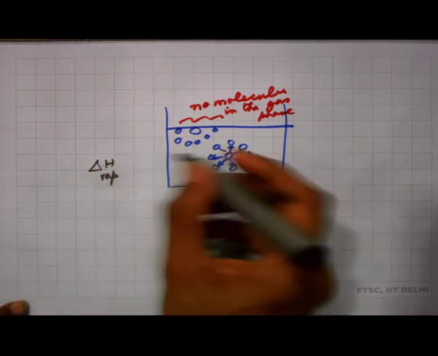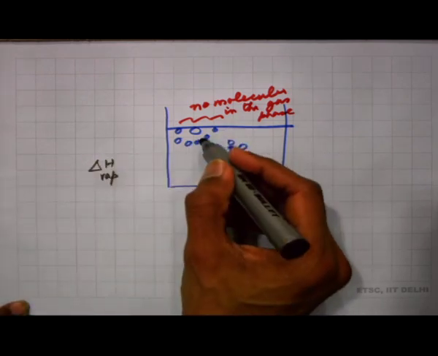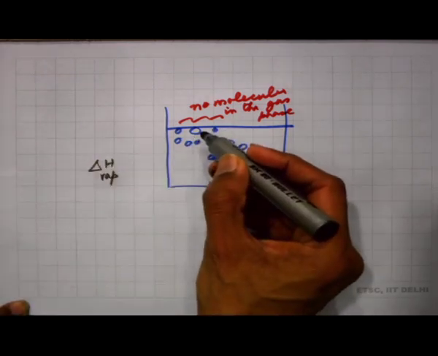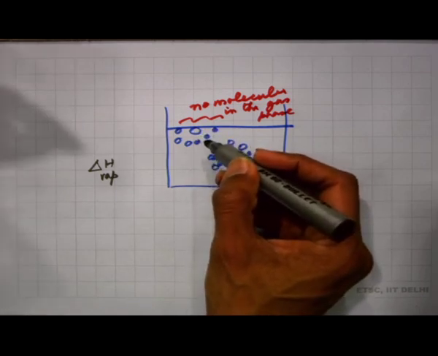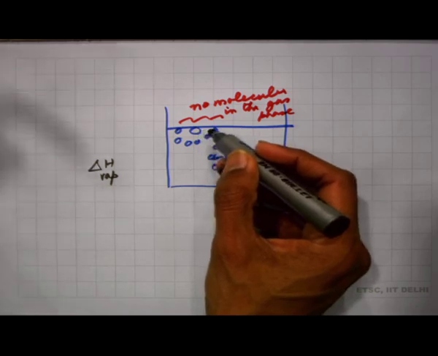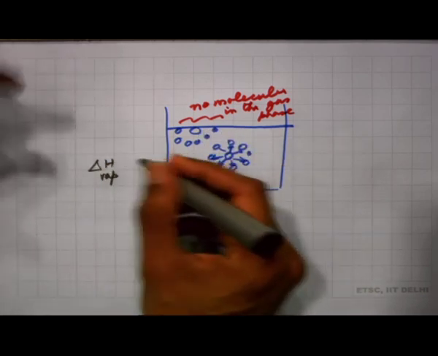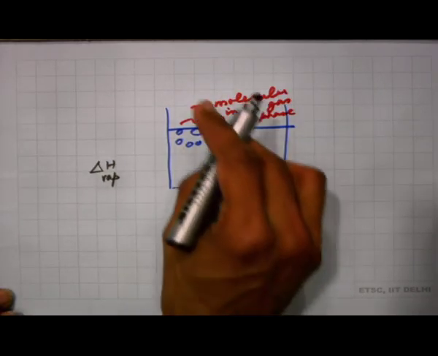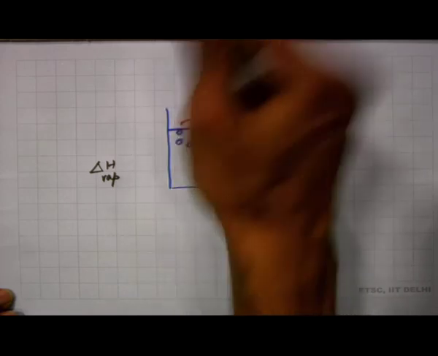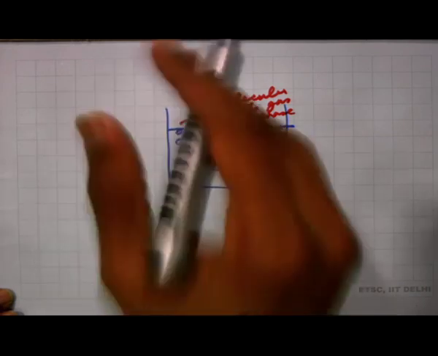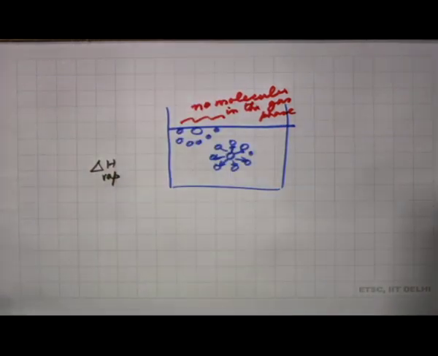So, the surface energy will be related to the heat of vaporization, because for every bond that you break, you can compute how much energy is needed. You will have about n over 2 of this, approximately the surface energy that you will need to get into the gas phase. So, this is with regard to surface tension.